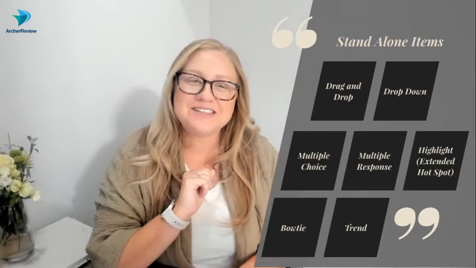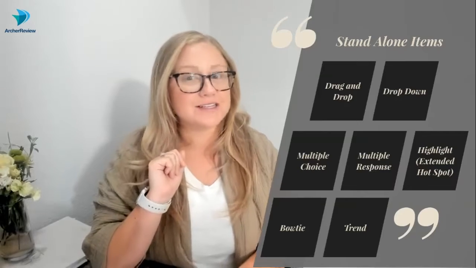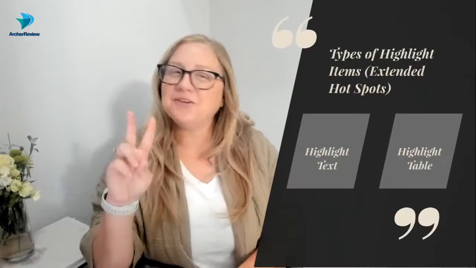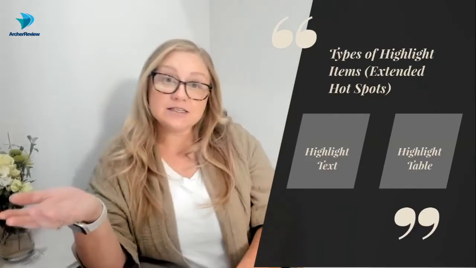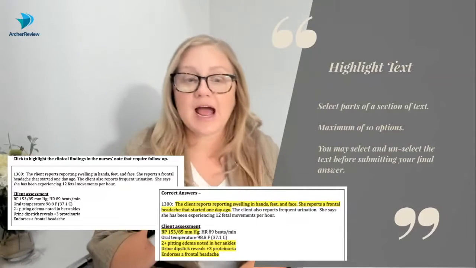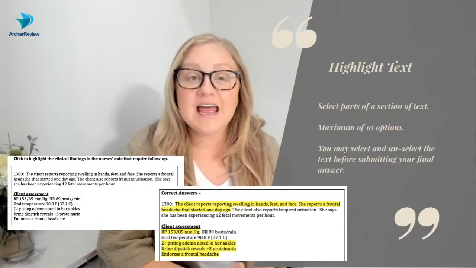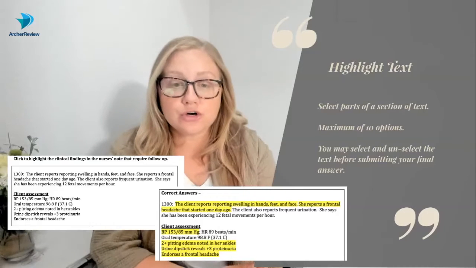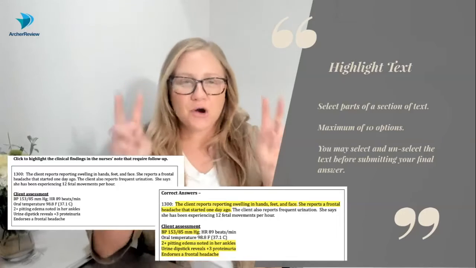The next thing that you could see is called highlight items. I've also heard this called extended hotspot. And there's two ways they ask for this response, either in text or in a table. In the text, you would have a passage, a nursing note, a client assessment, and when you move your cursor over that text, you'll see that it's what we call tokenized.